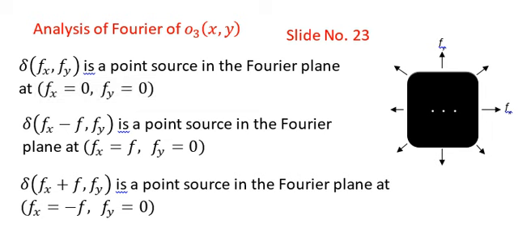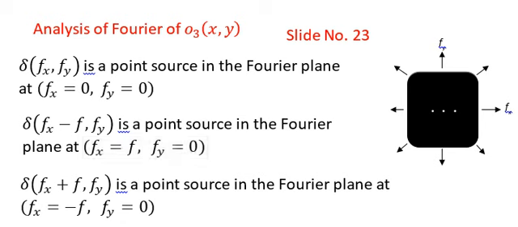The next one on the right is delta of fx minus f, comma fy, a point source in the Fourier plane located at the coordinates fx equal to f, fy equal to 0.